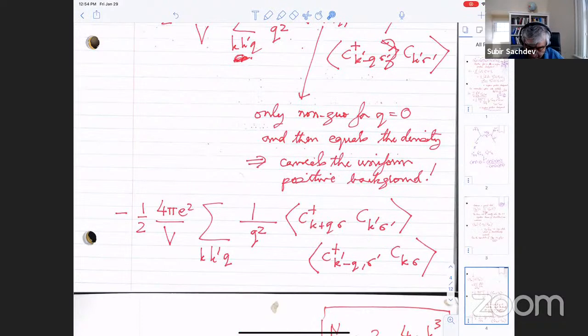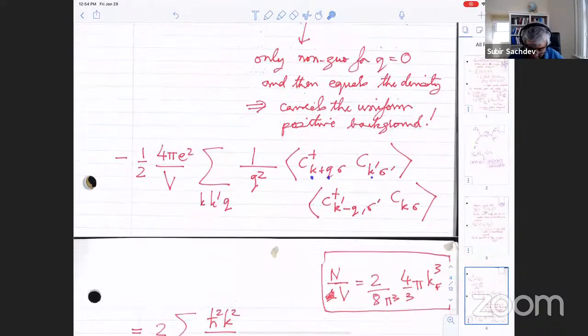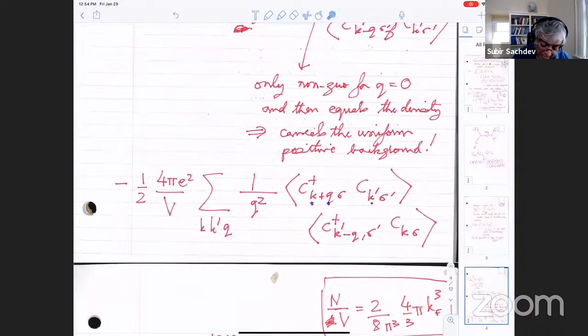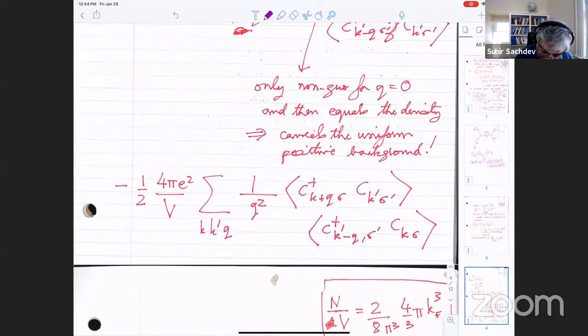Okay, and now these momenta have to add up to 0. So now Q is not 0, Q is equal to K prime minus K. Both terms tell me the same thing, fortunately. This tells me Q has to equal K prime minus K by momentum conservation.